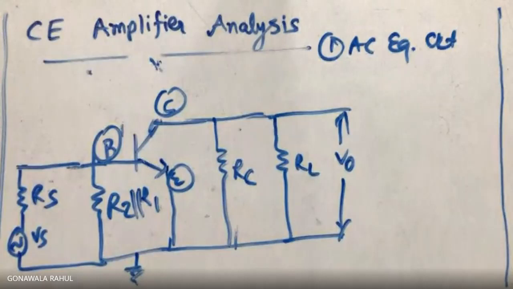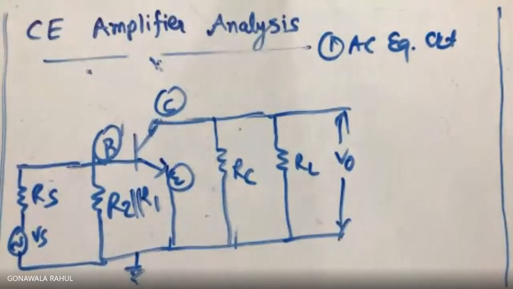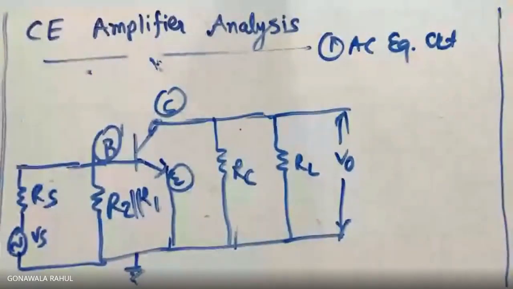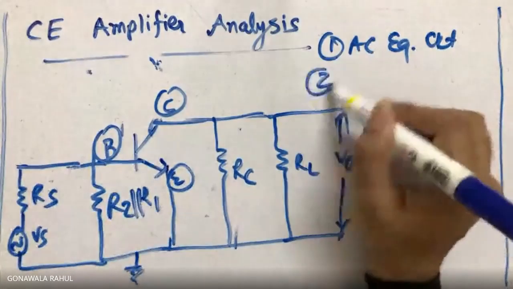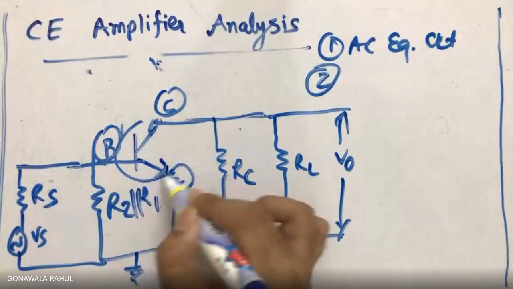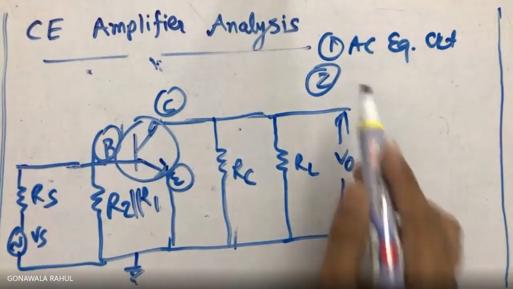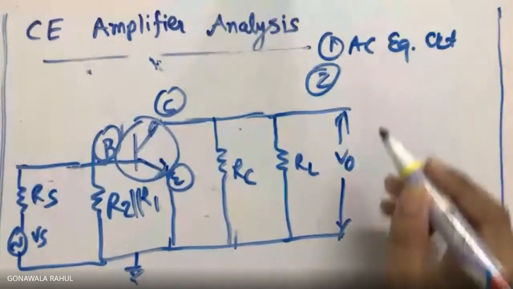So step number 1 is done: we have drawn the AC equivalent circuit, and it is now available with us. Now step number 2 is to replace the transistor by its equivalent circuit, the hybrid equivalent model having H parameters. We discussed H parameters for common emitter yesterday.